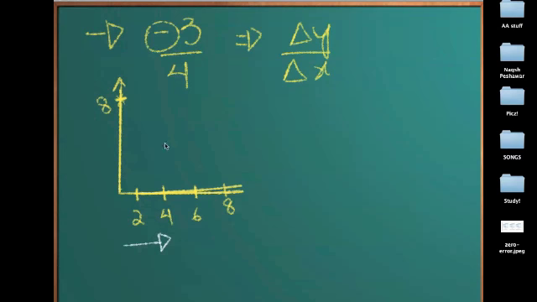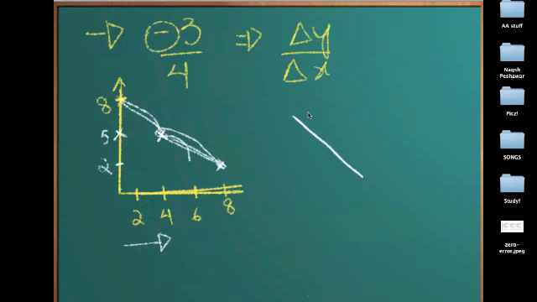So by the time it comes to 4, this would come to 5. 8 minus 3 is 5. So this would be my next point here, 4 and 5. Now for another 4, this would again decrease by 3, which means 5 minus 3 is 2. This would come here. If you connect the points, you'll get the line. This is the kind of line that you will get, something like this.